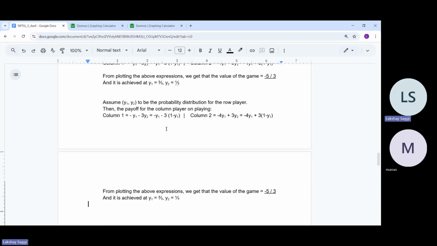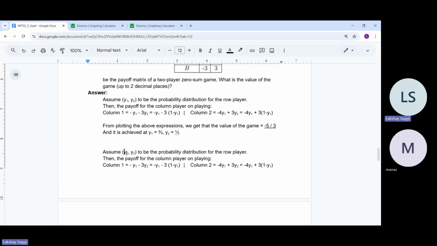And here, what I'm doing now is maybe just an alternate way in terms of the column player. So we'll assume that Z1 comma Z2 is the probability distribution for the column player, right? So we know the probability distribution for the column player.